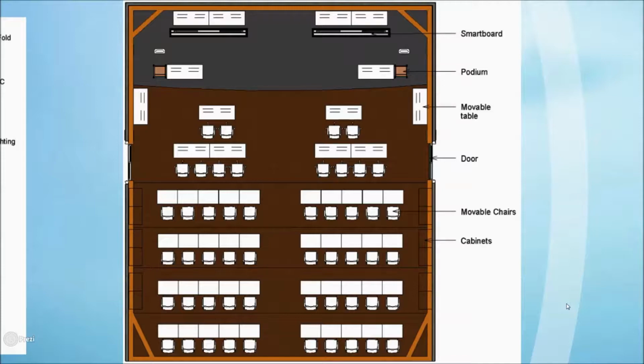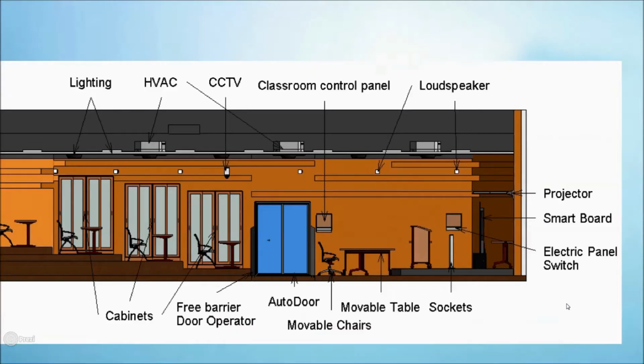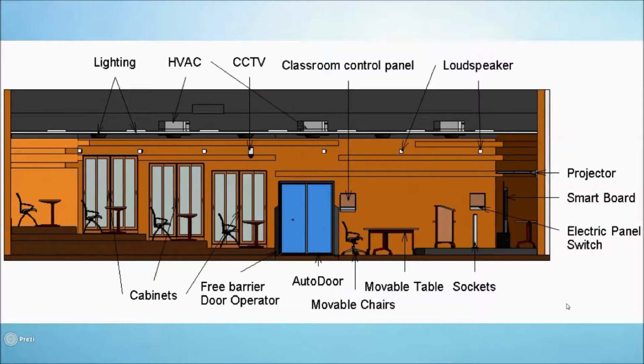This is a simple floor plan of our design. And here is the section plan of our design. As you can see, we designed the room in 5 layers, to allow students with different heights to have an easier look at the smartboard at the front.